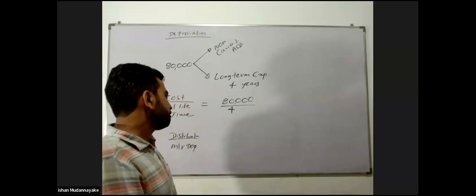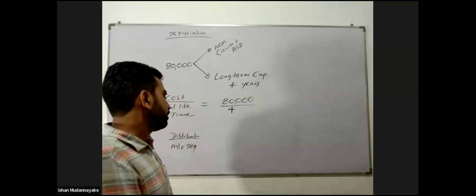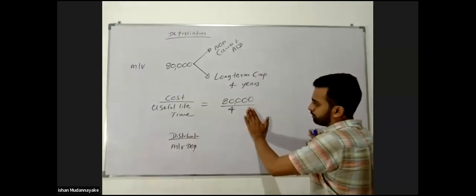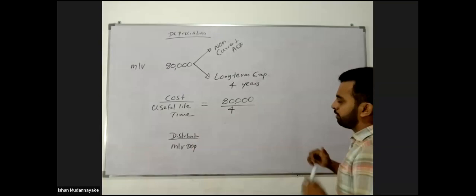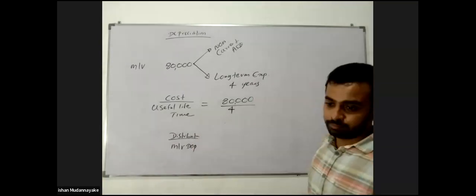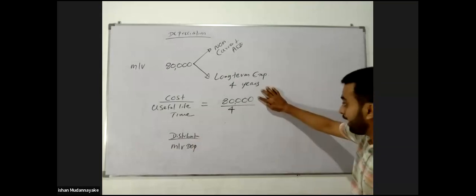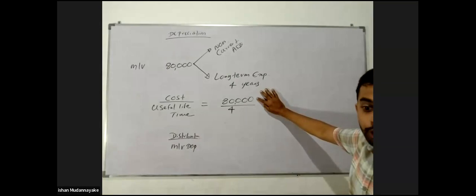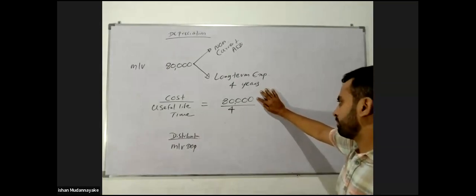Let's say to purchase this motor vehicle, Emira paid 80,000 today in cash. Today the total payment is 80,000.